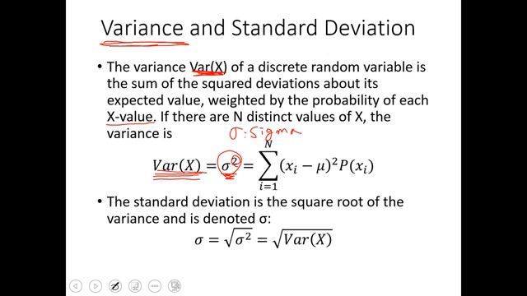The variance of random variable x is the summation, i from 1 to n, of (xi minus mu) squared, times the probability of xi, where mu is the mean of x. If we use this equation, then we obtain the variance of x.